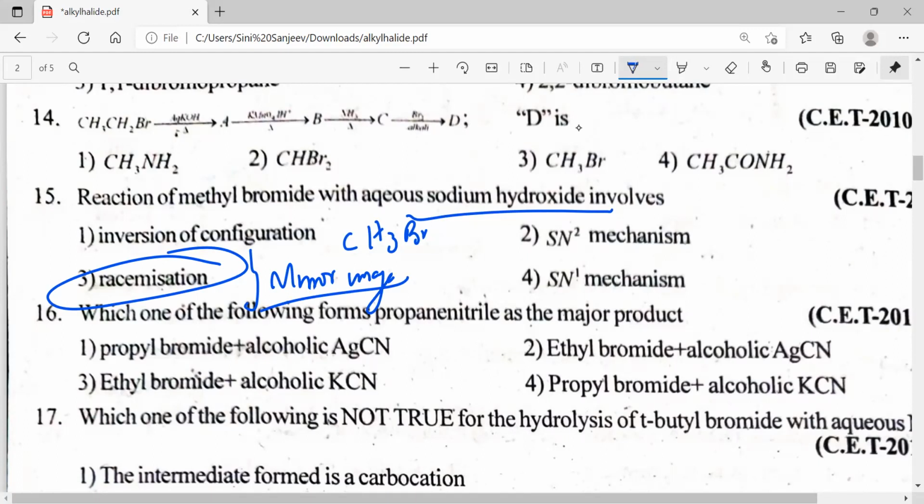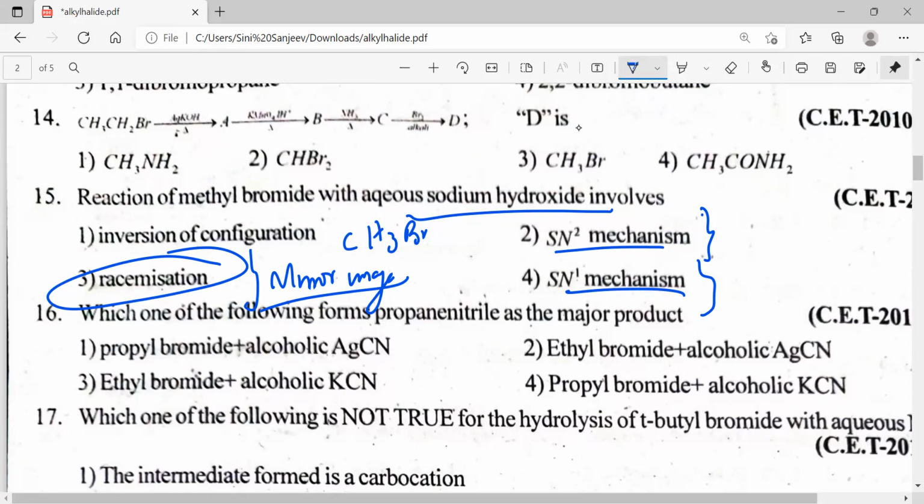In the sense left will become right, right will become left. So maybe once the class is over, I'll tell you. Now coming to the SN2 or SN1 mechanism, whenever this is there in the question paper, 50% of the chance will go to these things. These things you already know.